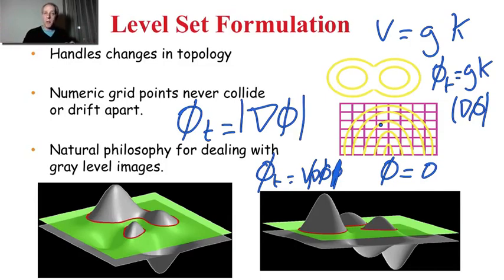And I proved this only for curves, happens the same for surfaces, and actually the formula is exactly the same formula, but phi is now a function in higher dimensions. So now you have the tools to do active contours, and we're going to actually see more of active contours later this week in some of the future videos. But you know curve evolution, and you know how to implement curve evolution as well.